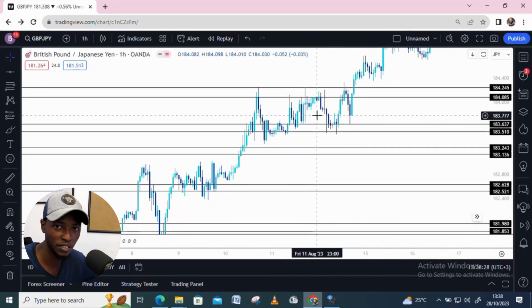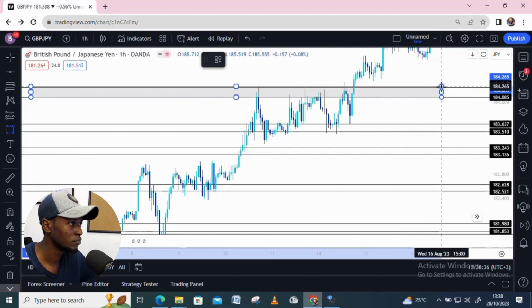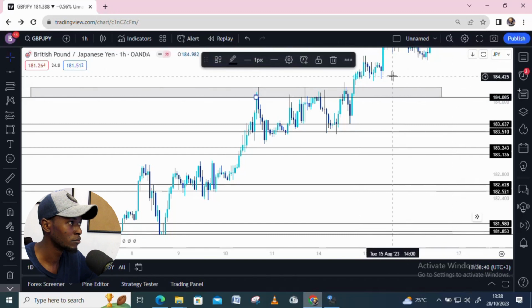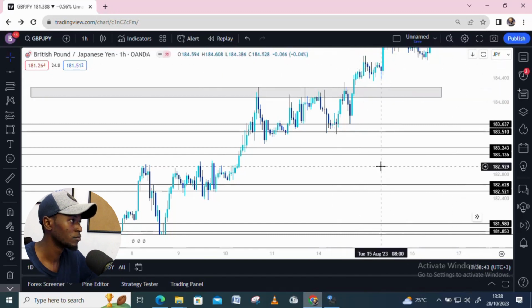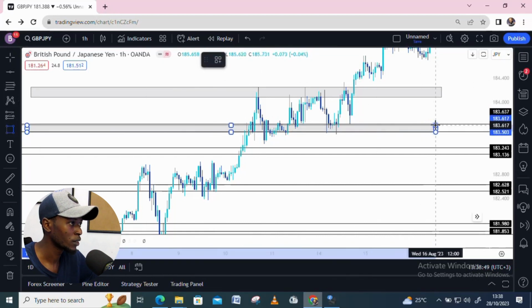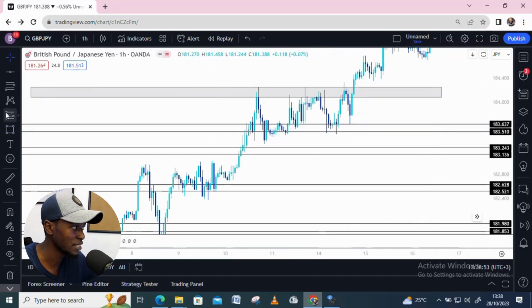Let us identify them differently to make it simpler. So this is our newest zone, so let's not identify this one first.